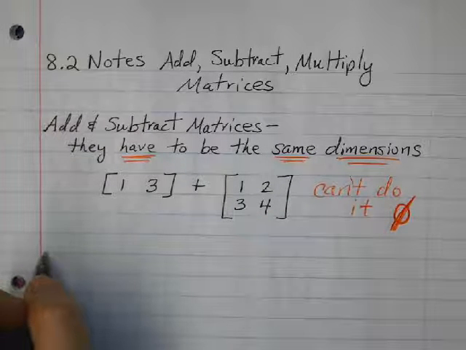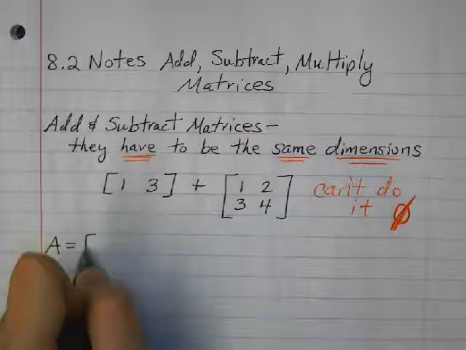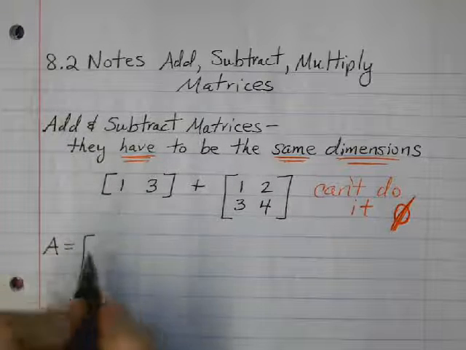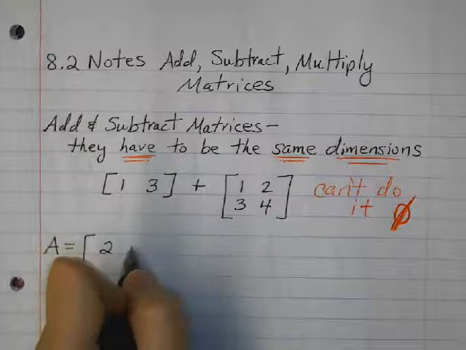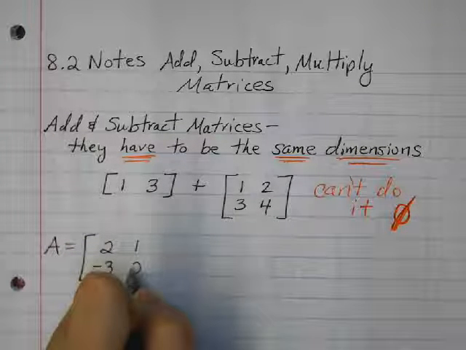All right, so let's try something like this. I'll try matrix A equals 2, 1, -3, 0.